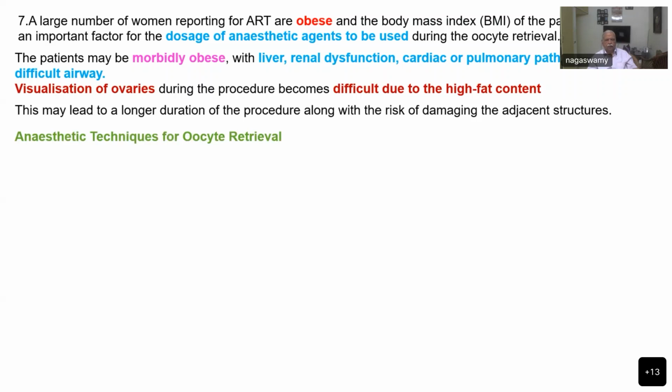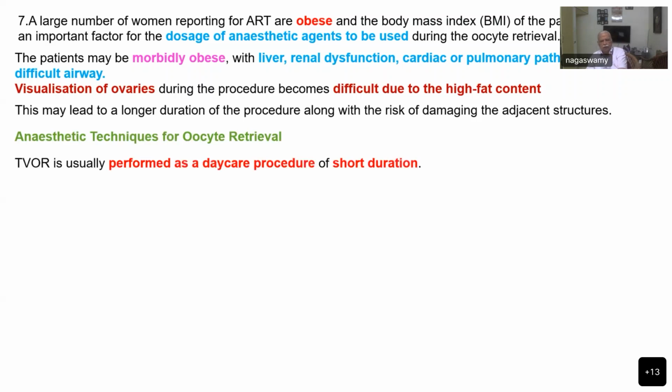Now coming to the anesthetic techniques for oocyte retrieval. Transvaginal oocyte retrieval is performed as a daycare procedure because of its short duration, and it is done as NORA. Mostly they don't take it to the major OTs for doing that. It may be a side OT or an adjacent room close to the major OT.